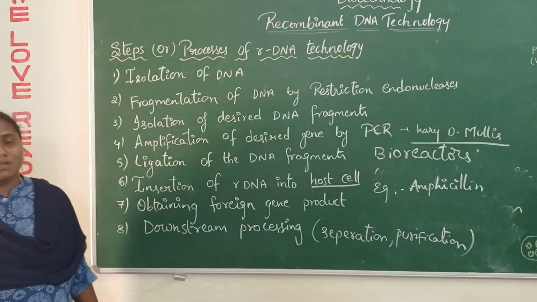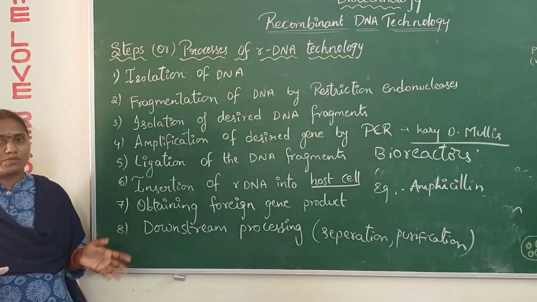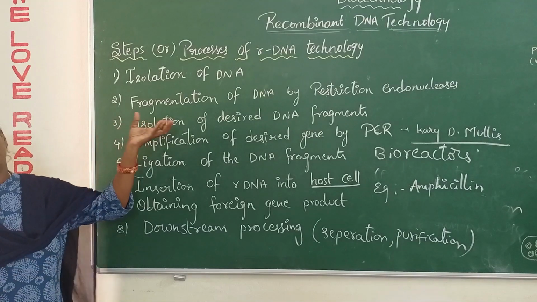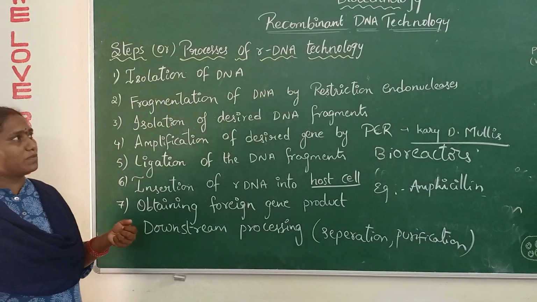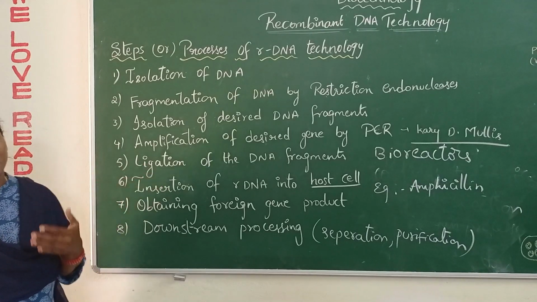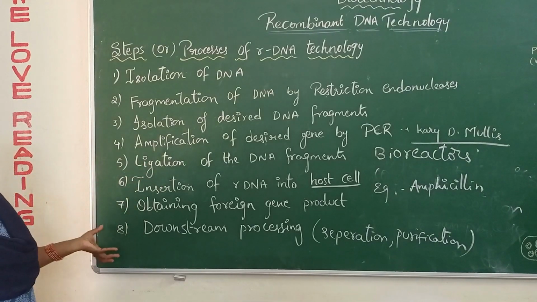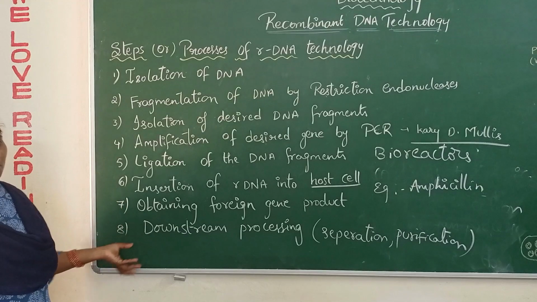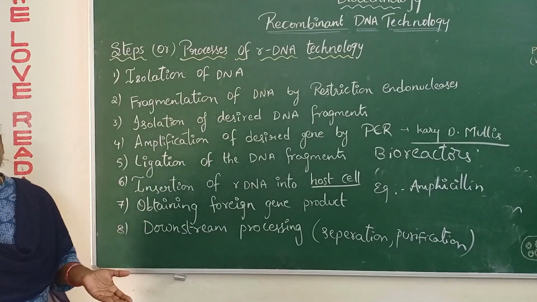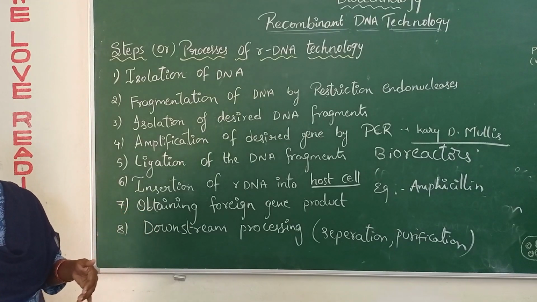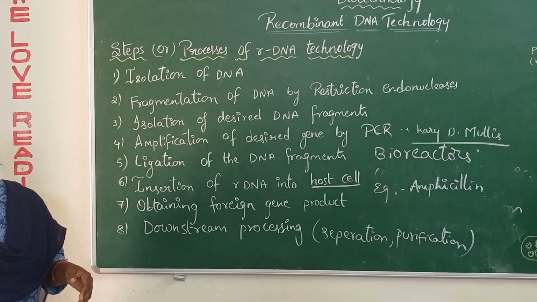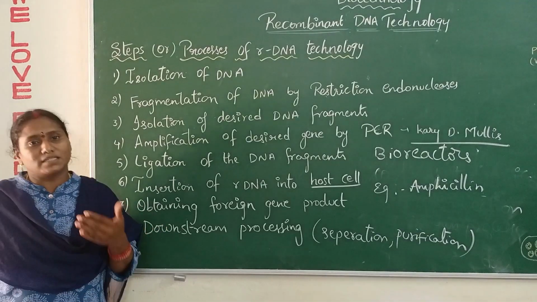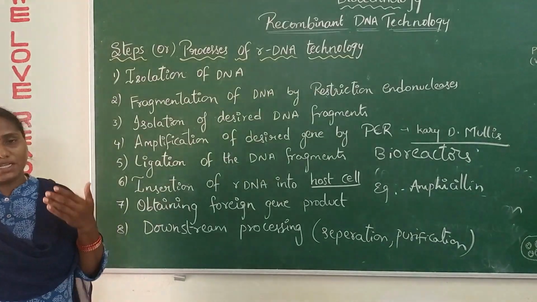For example, a large amount of antibiotics will be produced by using recombinant DNA technology. Large hormonal materials will also be produced by using recombinant DNA technology. These antibiotics and hormones should be released by using several processes. That process is nothing but a purification process. They should undergo several clinical trials.